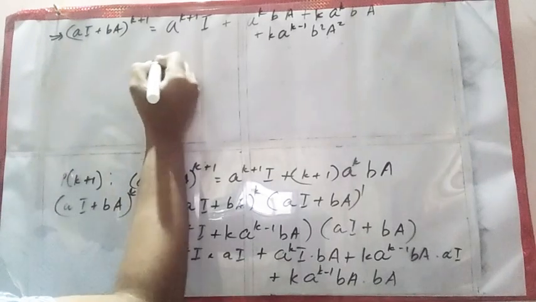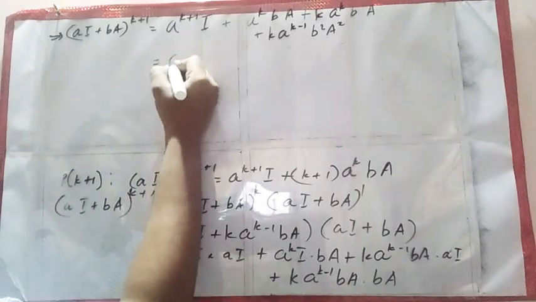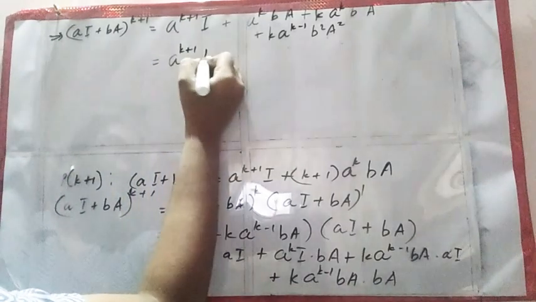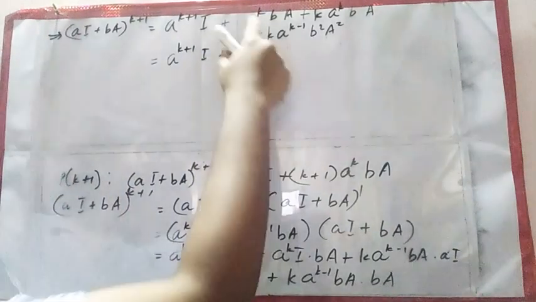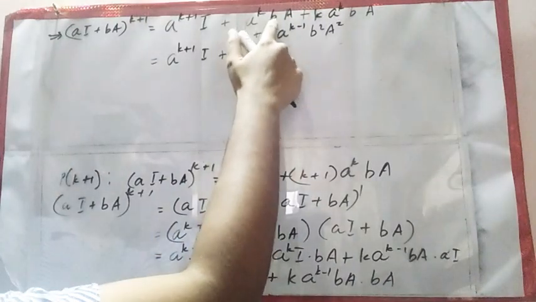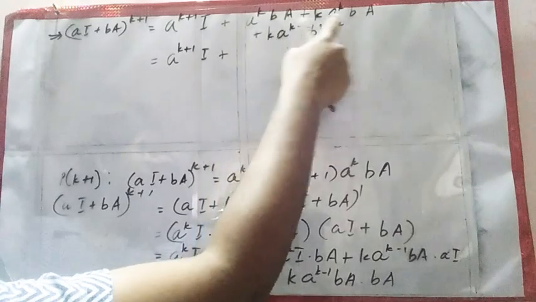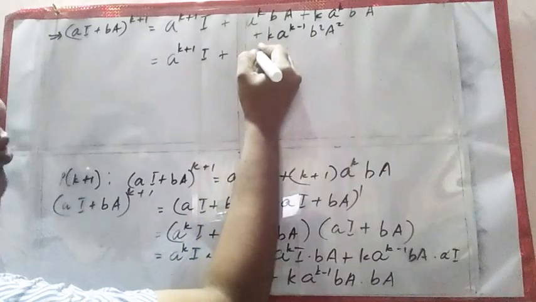And now here we can simplify it as a raised to k plus 1 into I, plus here if we look at the second and third term, we can see that a raised to k b A is common here, isn't it? A raised to k b A is common. So we can take it out.